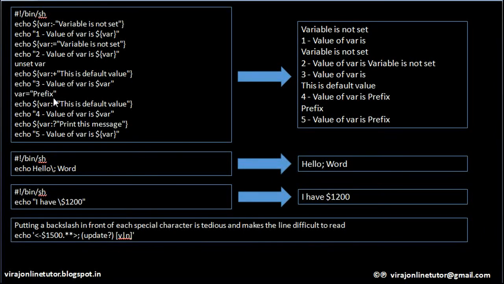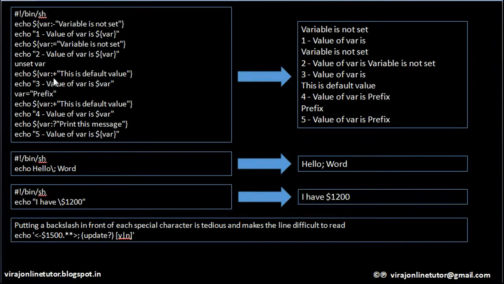In the next line we are assigning value prefix to where. So the variable where which contained this is a default value is being overwritten by a new value called prefix. Then in the next line, this variable where now already has a value. That's why it won't be overwritten by this line.